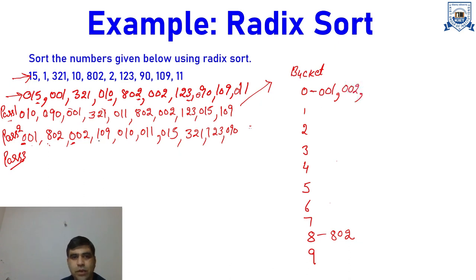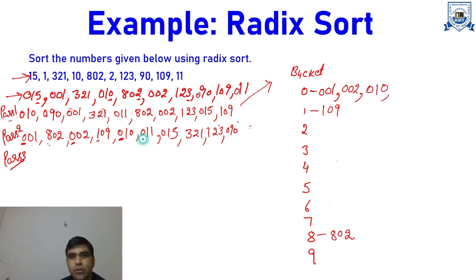Next one is 109, so it is 1, so I'll put it here. Then again is 010, the third symbol is 0, so we'll put it into the 0th bucket.